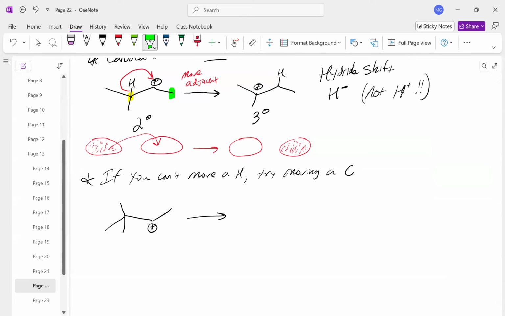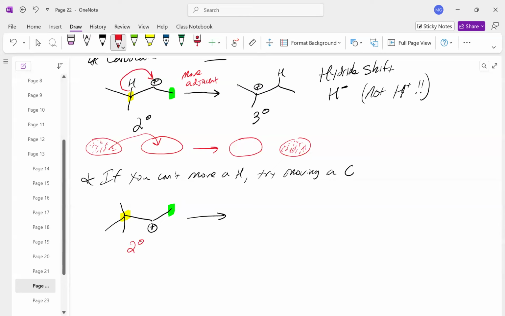That carbocation says, oh, I'm going to look to the right and I'm going to look to the left. If I look to the right to the green carbon there, that's no good. That's a primary carbon. I'm not going to become less stable. But if I could convince one of those carbons to move over to the yellow carbon, then I'd be tertiary.